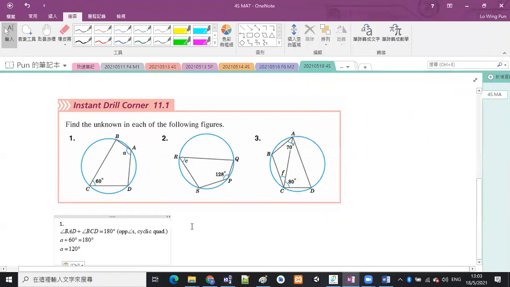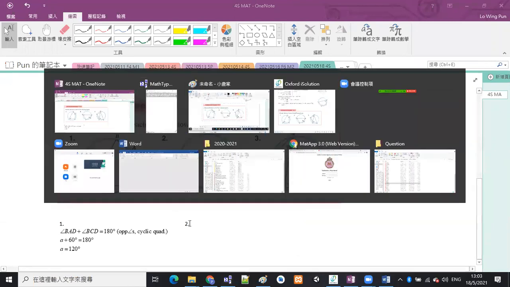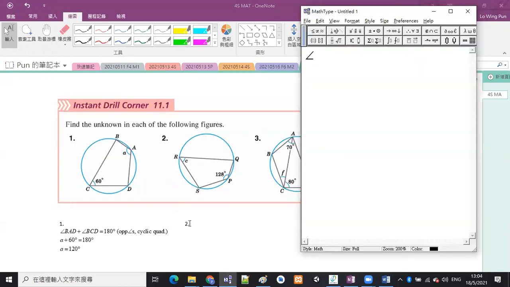And then number two, we have angle SRQ plus angle SPQ equals 180 degrees. For the same reason, opposite angles, comma, cyclic quad.